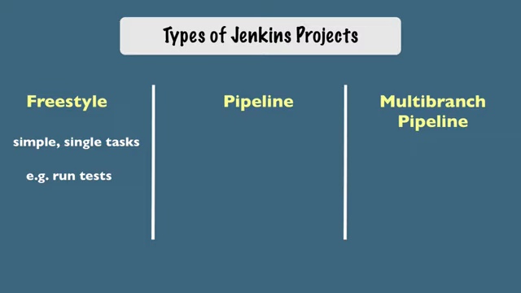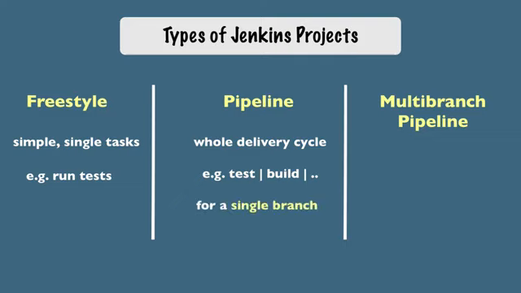Whereas with pipeline, you can configure the whole delivery flow, like test, build, package, deploy your application, etc. Pipeline is a more recent addition. Before that, they would just chain multiple freestyle projects to get a pipeline-like project. The pipeline project type is just for a single branch, but in this video, we're going to create a multi-branch pipeline, which will apply to multiple branches of the same repository.